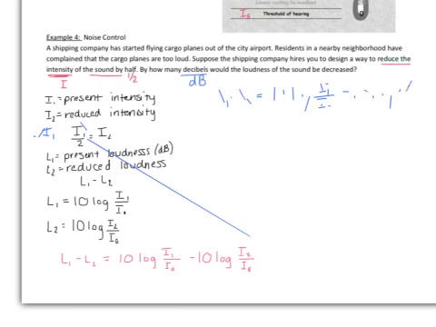So instead of I2, I'm putting 0.5 intensity 1 over intensity naught.